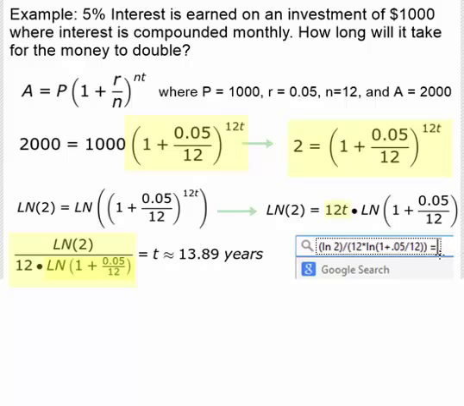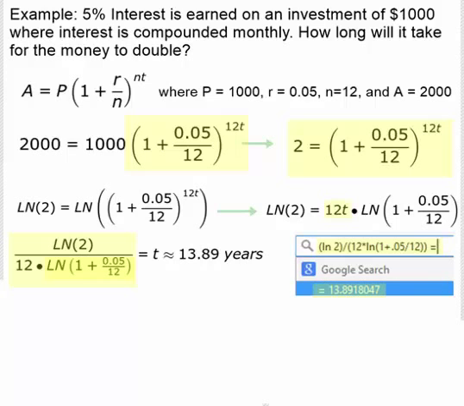You have to make sure and get your parentheses correct. You notice I have 2 right parentheses on the far right. And when I put in that equal sign, I get my answer showing up, 13.8918047. And rounded off, that's 13.89.